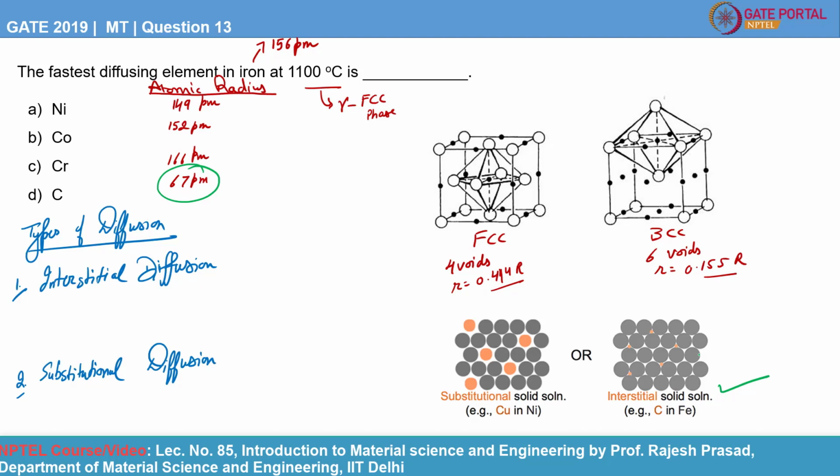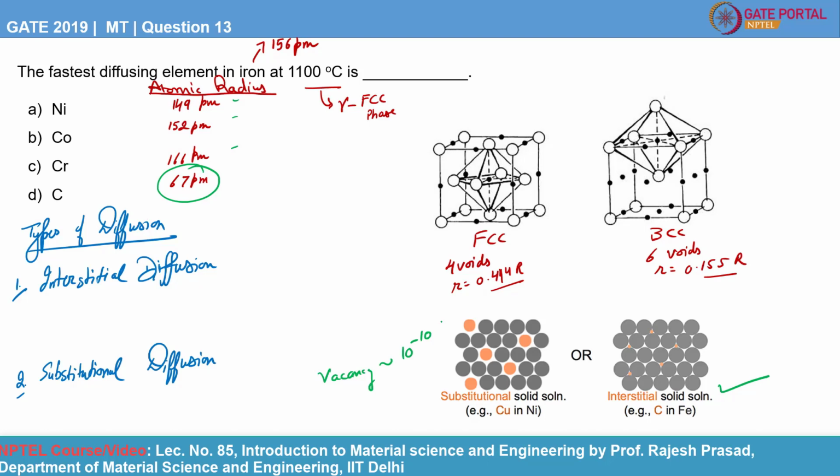But in the case of substitutional diffusion, as in the rest of the cases, we have only a limited number of vacancies. What is the vacancy density in a typical crystal? It is of the order of 10 raised to the power minus 10 vacancies per atom. That leads to a low concentration of vacancies, which are essential for substitutional diffusion.